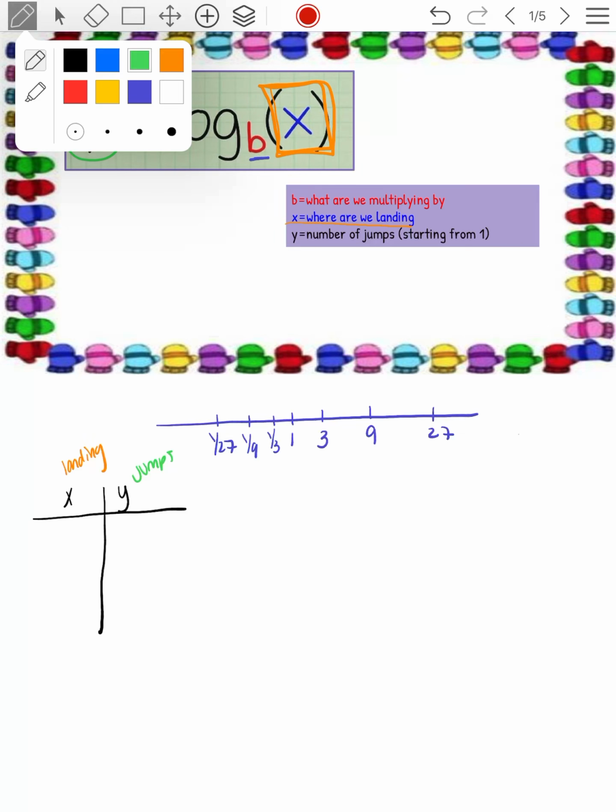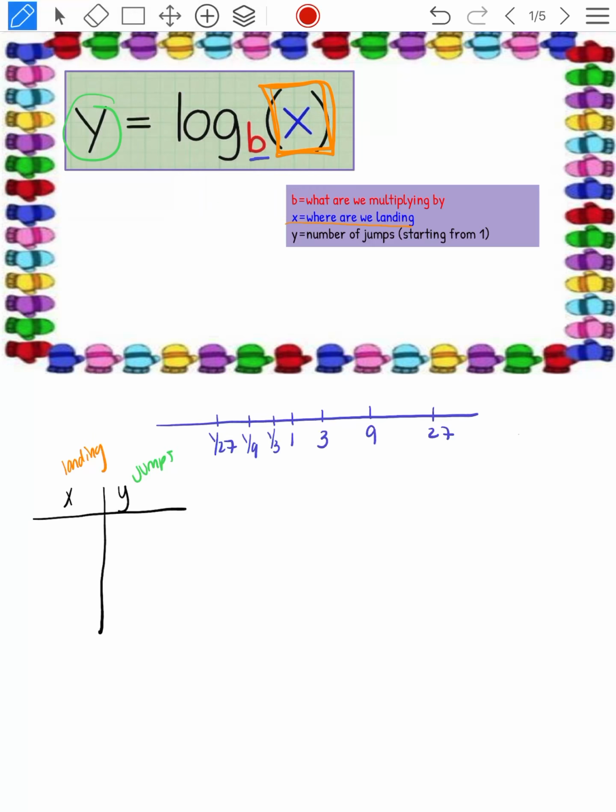So when I take my number line to transition to a table of values, we could say that if I was going to land on 1/27th, that would take me -3 jumps, because I would go 3 jumps to the left. 1/9 would be -2 jumps. 1/3 would be -1 jumps. 1 would take me 0 jumps.